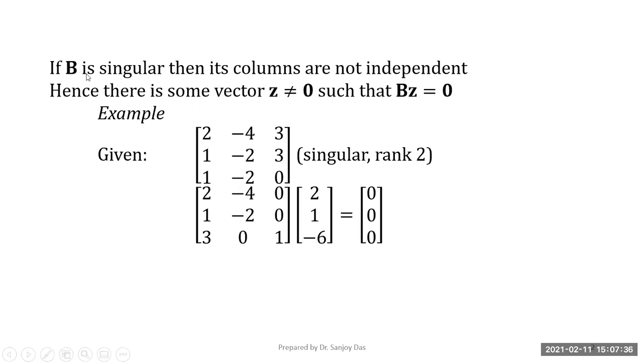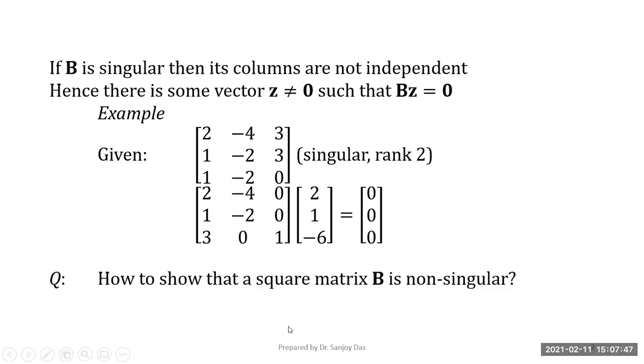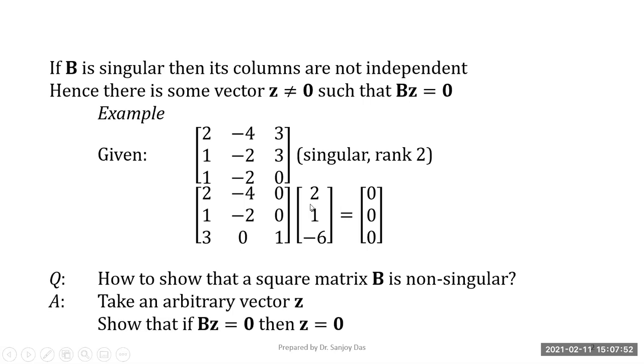Conversely, if B were non-singular, then the only way we could make Bz equals 0 is when z equals 0. So to show that a square matrix B is non-singular, we show that for any arbitrary vector z, if Bz equals 0, then it must be the case that z equals 0. That will help us address question 1 in the next slide.